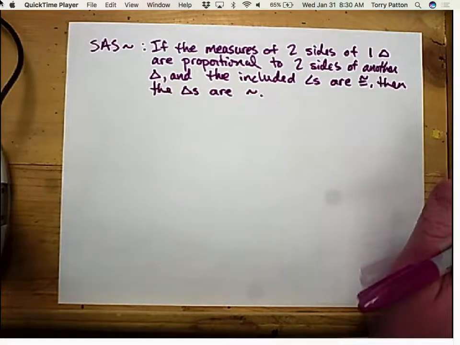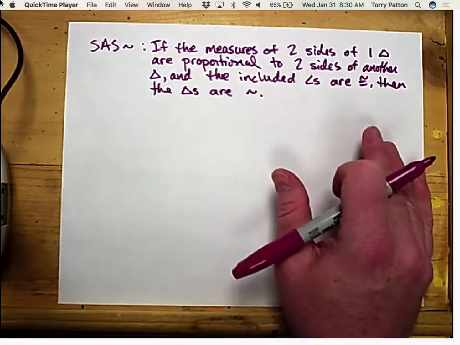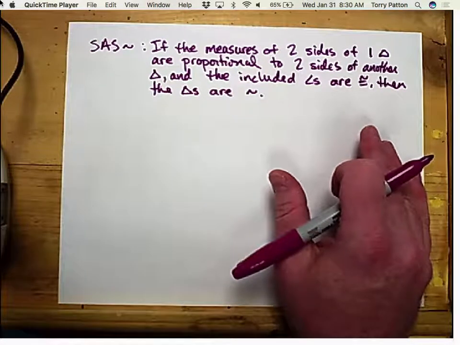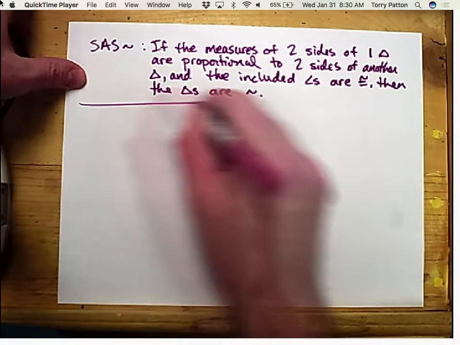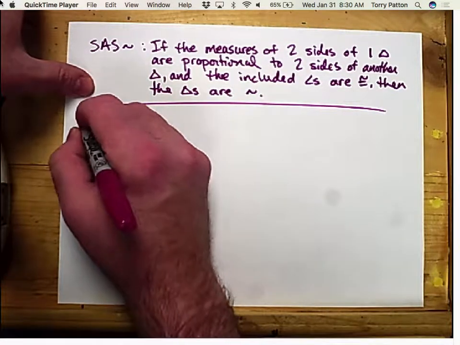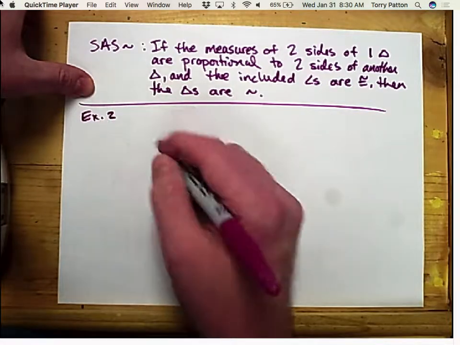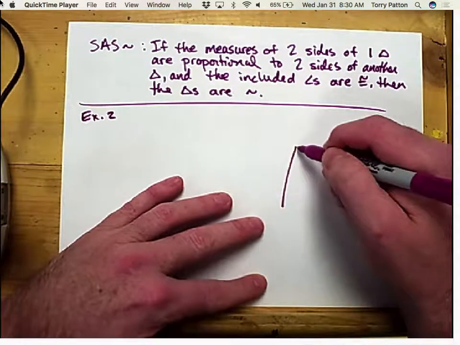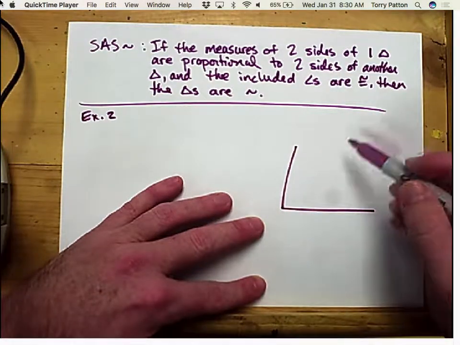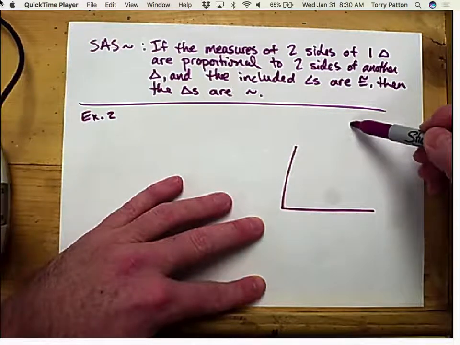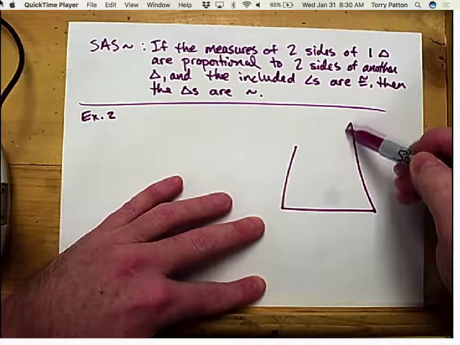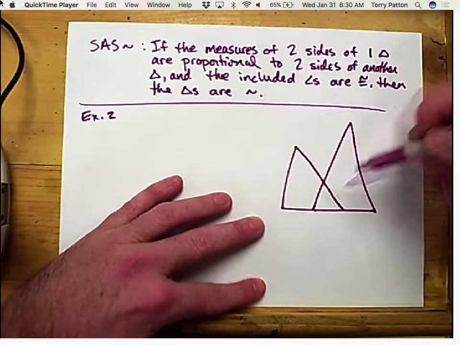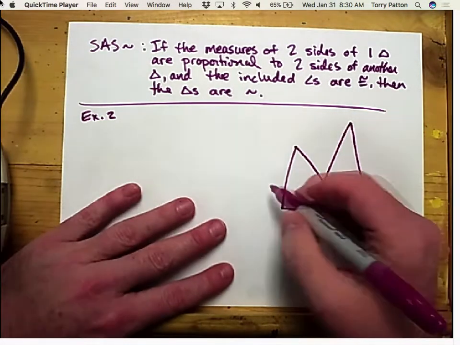So the next one. Let's look at this example in the book. It's example 2. It says, see if I can draw this in less than 3 tries. Got it first time. All right.